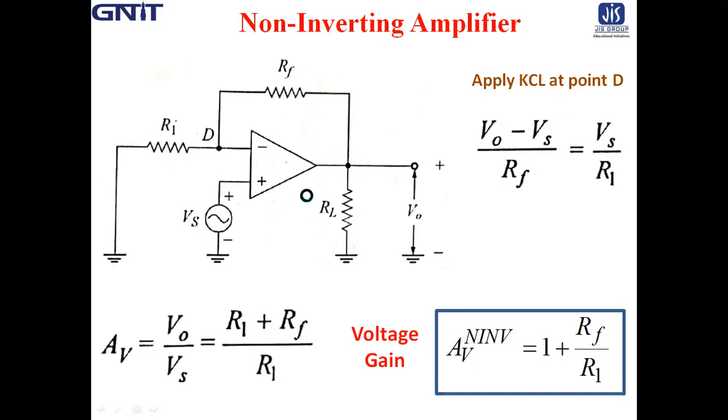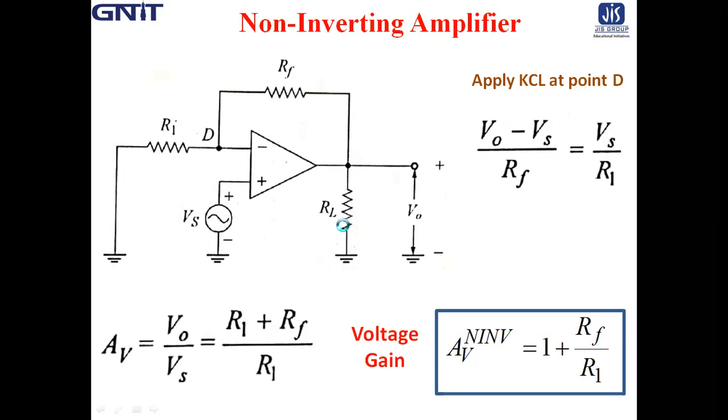This is the circuit diagram of a non-inverting amplifier. The feedback resistance RF is connected between the output and inverting input terminal, and resistance R1 is connected between the inverting terminal and ground. The input voltage Vs is connected to the non-inverting input terminal and the load RL is connected at the output.